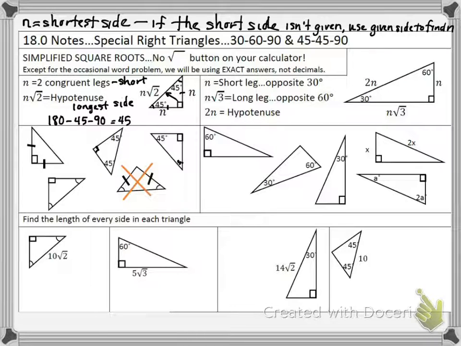Let's see, what if I look at this one? It tells me 90, but it doesn't tell me the other angles. But I do know from last year that if you have two equal sides, you have two equal angles.